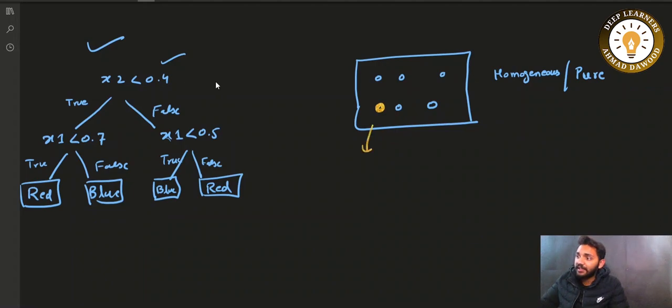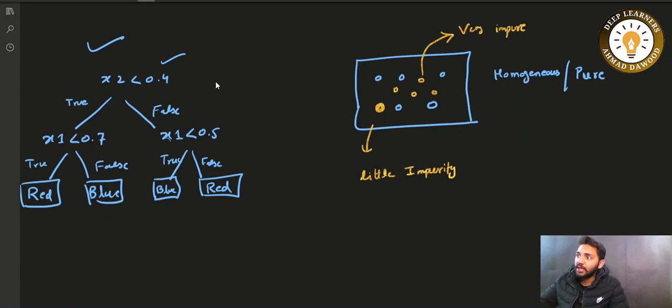Some impurity has been added to that set of points, a little bit of impurity. If instead of one point there were five points belonging to the yellow class, this set would be very impure, with five yellow points and five blue points.